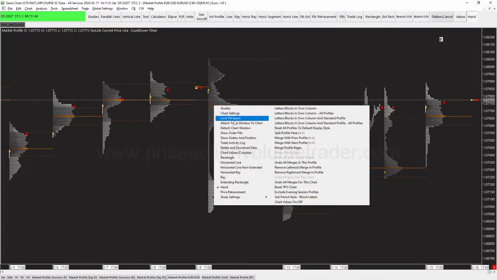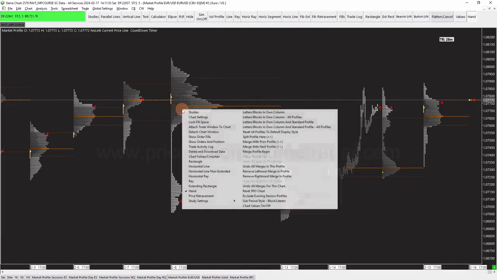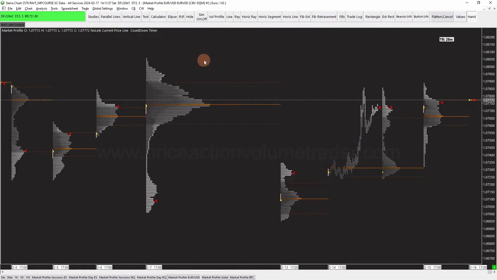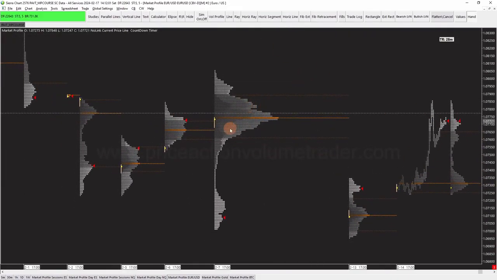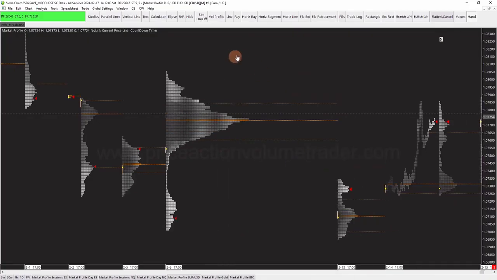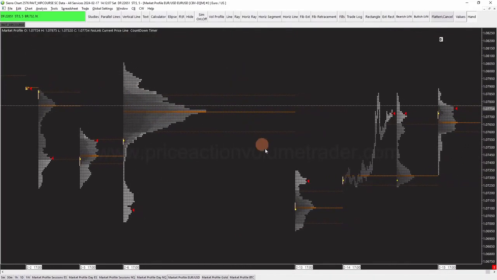Merge with prior, merge with prior, merge with prior, merge with prior, and I guess I'll do one more. Merge with prior. So this is a 6-day composite.